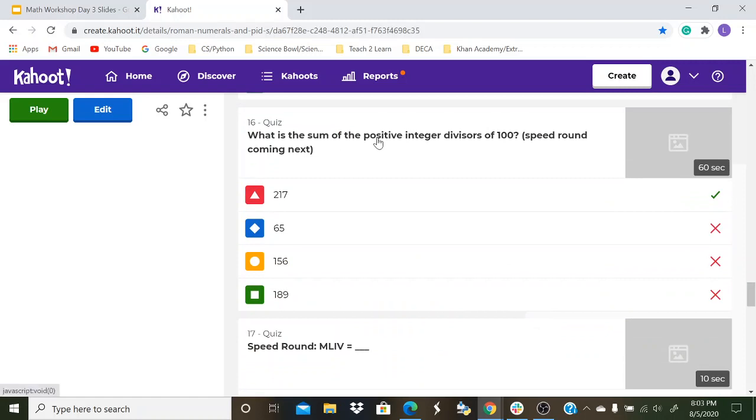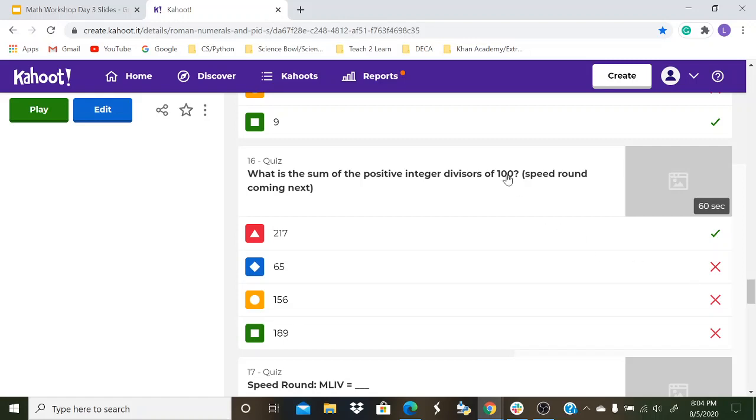Now onto the sum. So the sum of the PIDs of 100. So with the sum, you want to prime factorize it, and that's 5 squared times 2 squared, and then this one's a bit nasty since you have to do that weird, long formula with n raised to the exponent plus 1 for both, so that can be a little tricky.